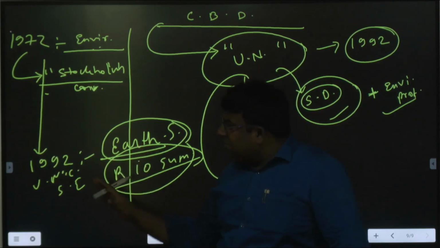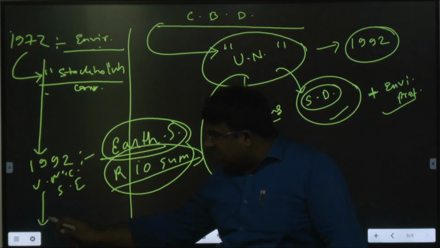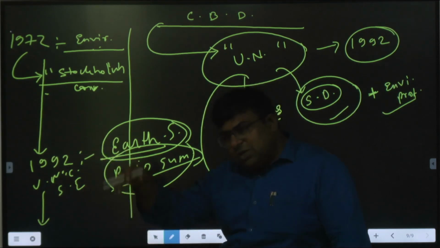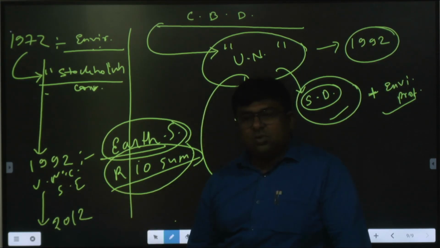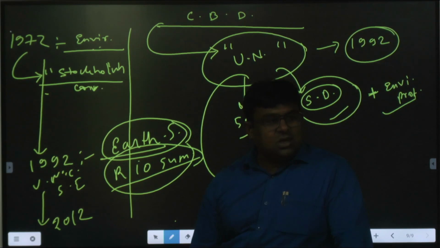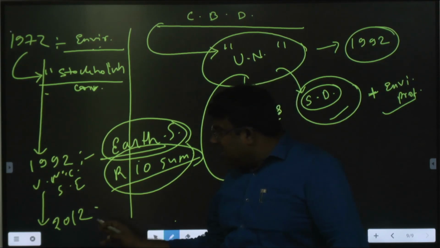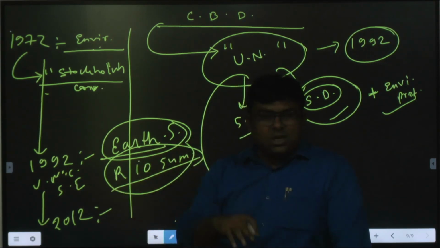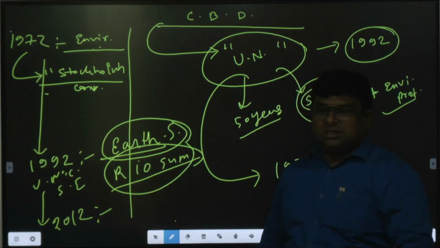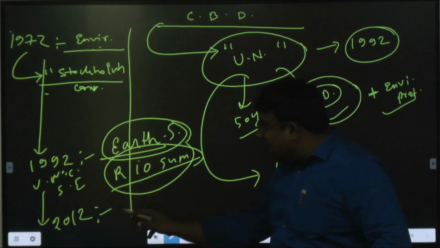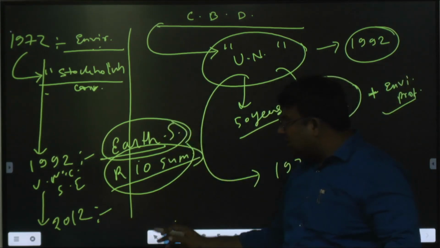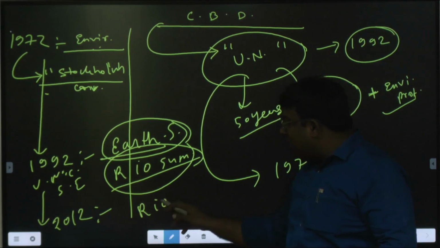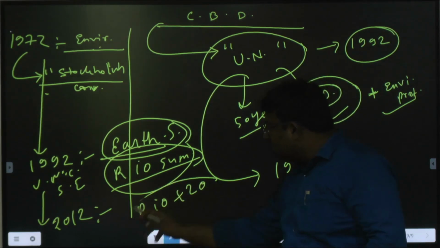Similar type of convention was again organized by United Nations in Rio de Janeiro city only, just 20 years after 1992, year was 2012, right? And since that convention was organized in Rio de Janeiro, 20 years after Earth Summit, that's why that convention became popular in public discourse with the name of Rio Plus 20.